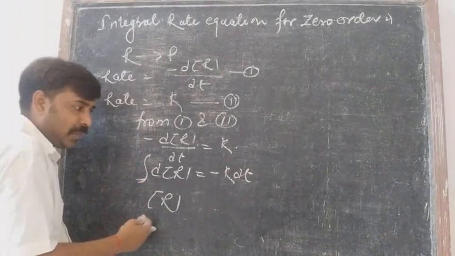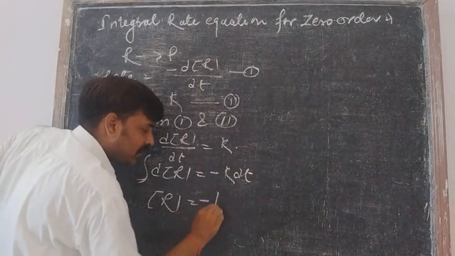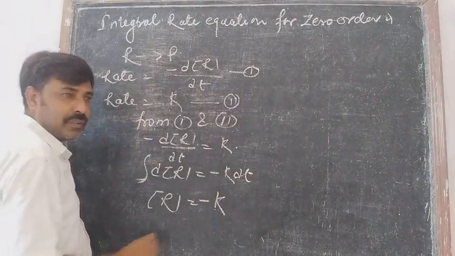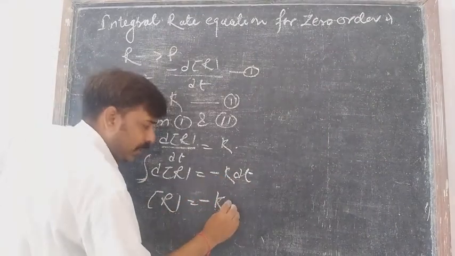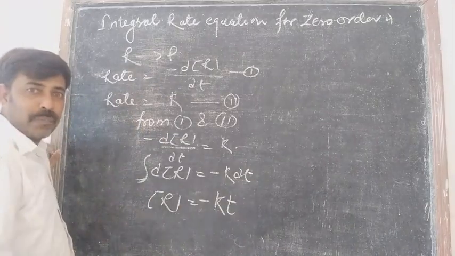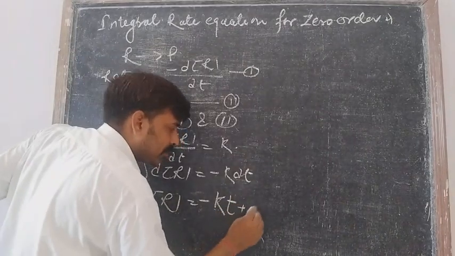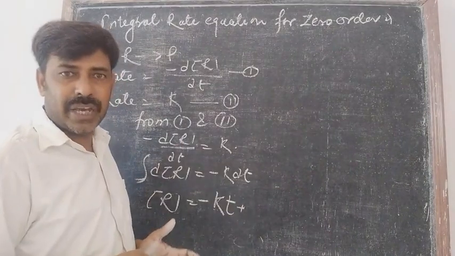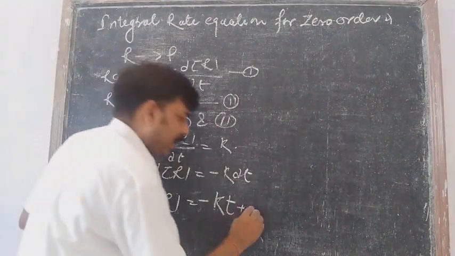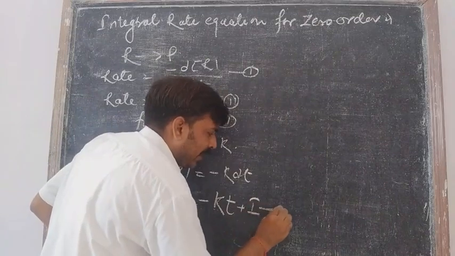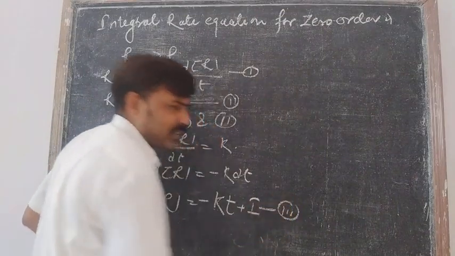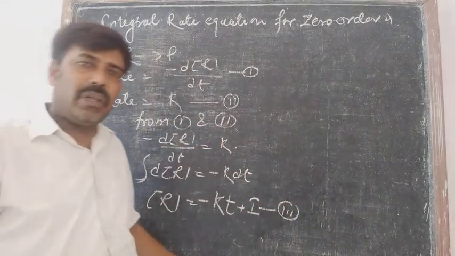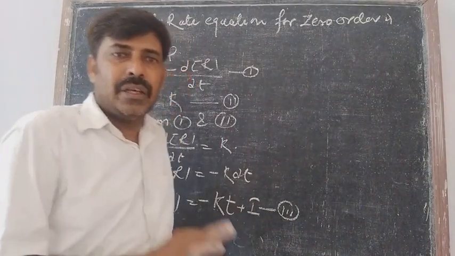On integration you will get the concentration of R equals minus k, a constant, times dt, whose integral is t, plus an integral constant. Generally we write the integral constant as C in math, but in chemistry I am writing I. It has the same value, everything is the same.